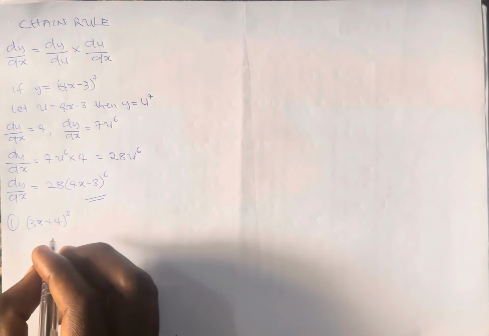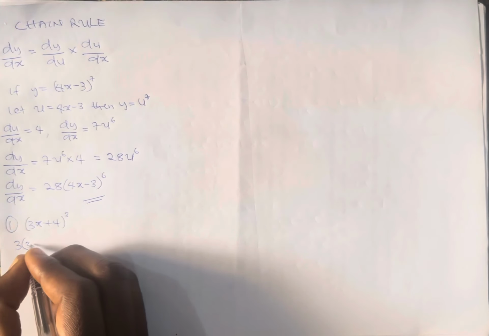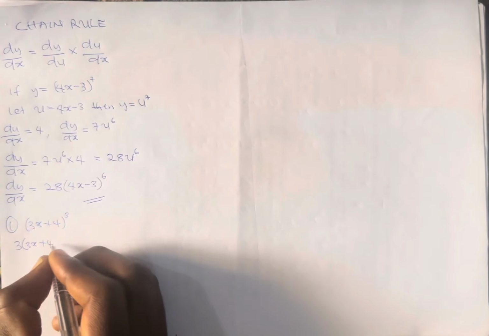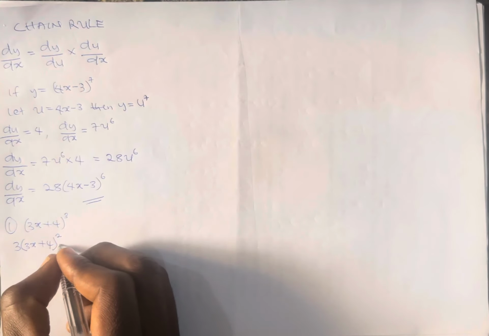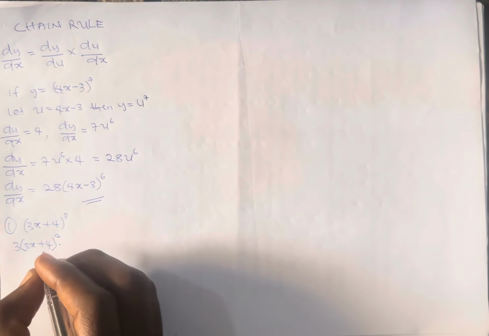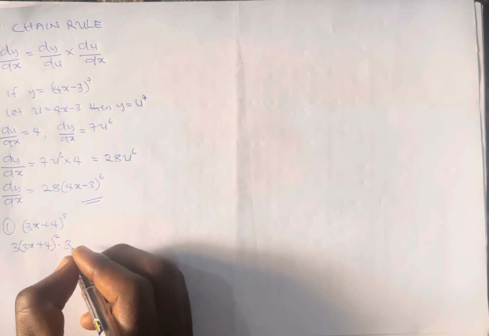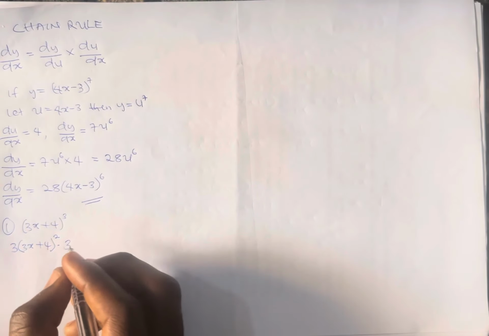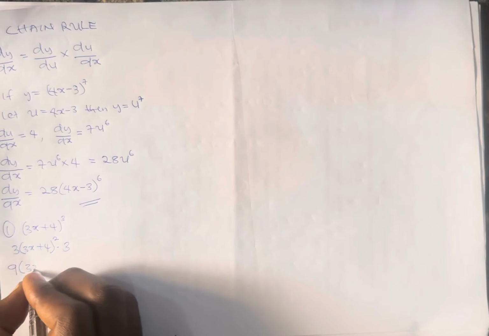By the time you drop the power, we have 3, then (3x plus 4) minus 1 from the power is going to be 2, multiplied by the derivative of what's in the bracket. So we have 3. 4 is a constant, so it's 0. So by the time we multiply this 3 and this 3, we have 9(3x plus 4) raised to the power of 2. This is the final answer.